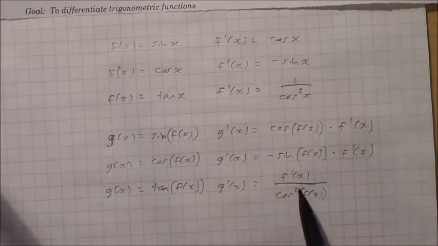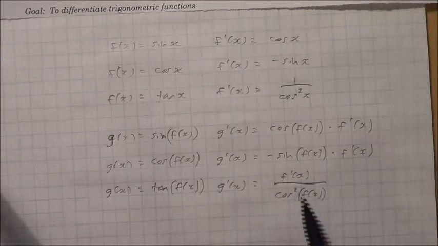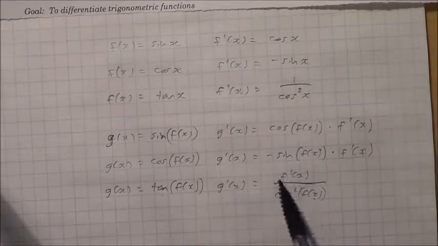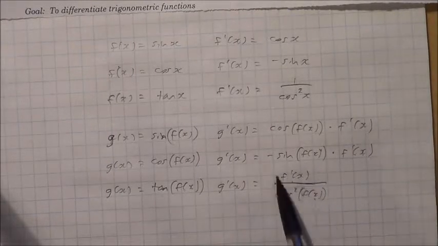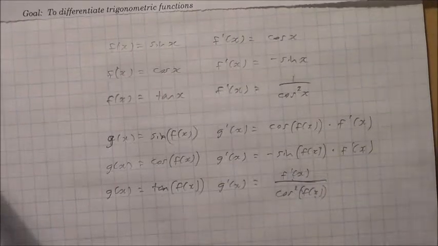So again, we take the derivative of the trigonometric function, the tangent part, it becomes 1 over cosine squared f of x. Then we take the derivative of the angle, which in this case is a function, f of x, and we multiply it with the original derivative, so that we're multiplying by f prime of x.